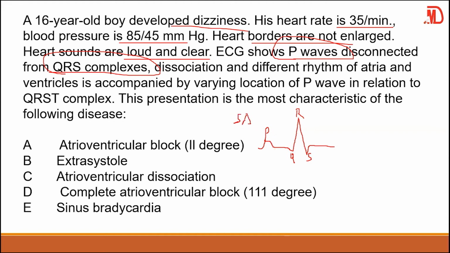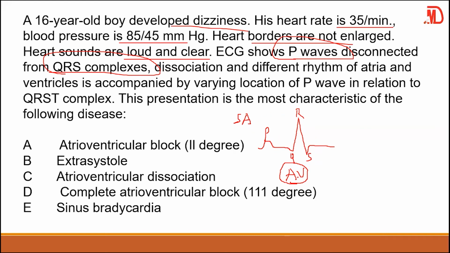When the SA node fires, the atrium will start conducting, producing a wave called the P wave. When the conduction gets to the AV, the atrioventricular node, it also generates impulses and fires. This AV node serves as a linkage between the P wave and the QRS complex, or the atrium and the ventricle.